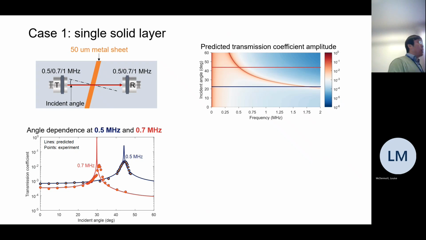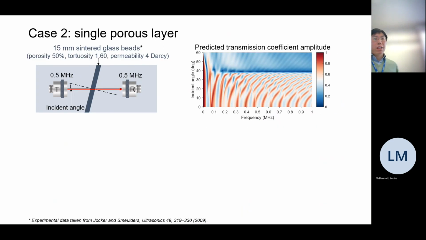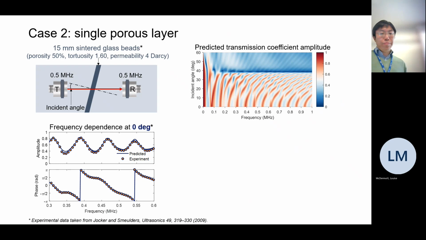At a particular incident angle, if we change the frequency, we can also see a very special frequency component that goes through the layer. So that's for a single solid layer. And we can do that for a single porous layer as well.